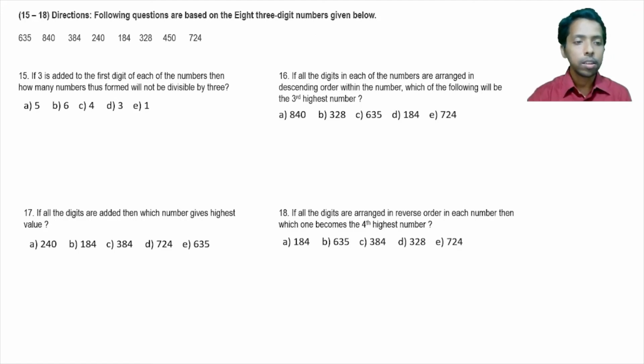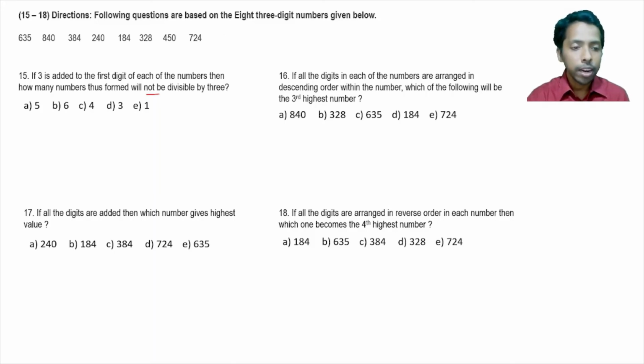This is a number based series. 8 numbers are given, all 3-digit numbers, and we have to solve these 4 questions here. Question 15: if 3 is added to the first digit of each of these numbers, how many numbers thus formed will not be divisible by 3? Mark this statement: will not be divisible by 3.